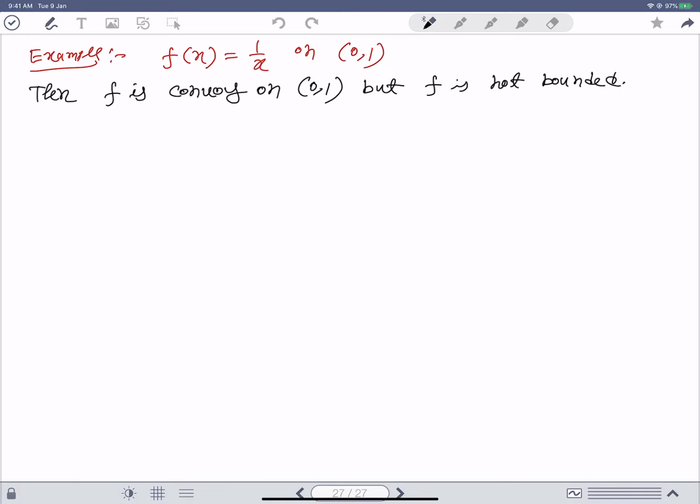Because as x tends to 0 from the right, f of x tends to infinity, right?